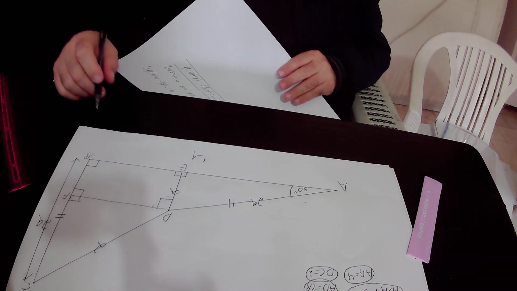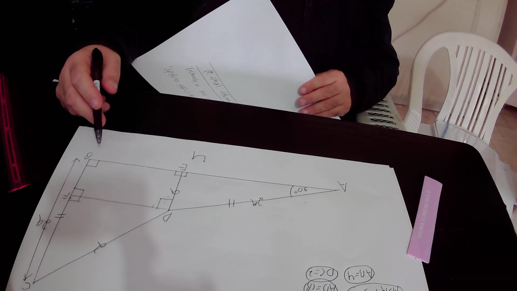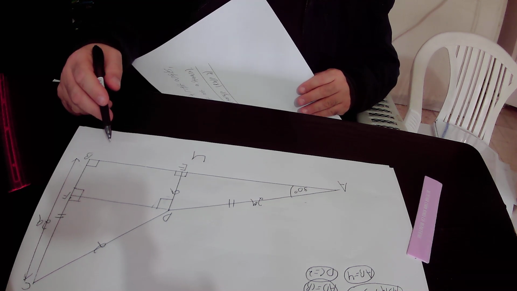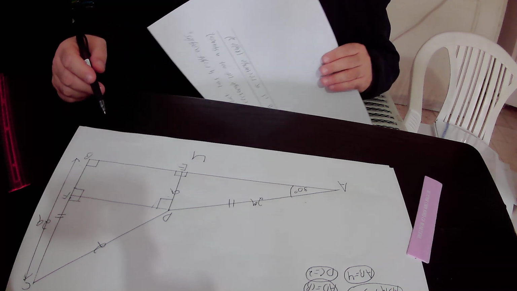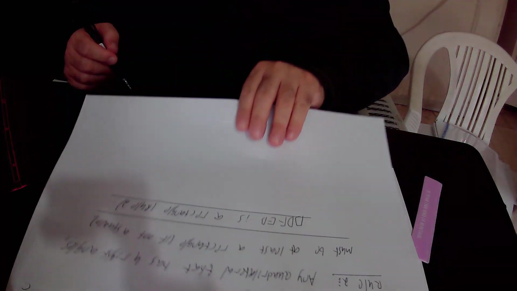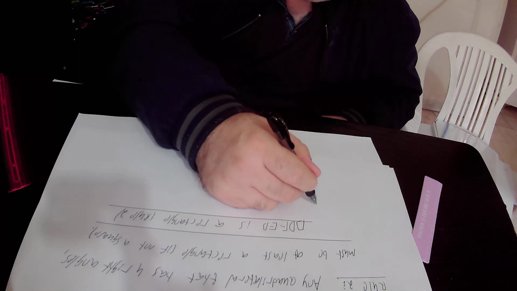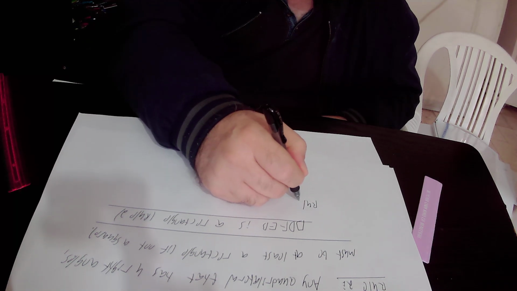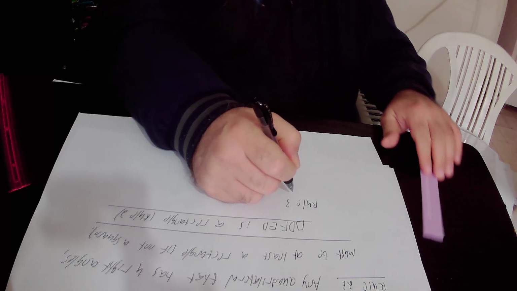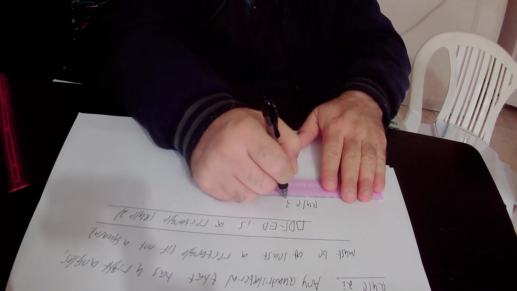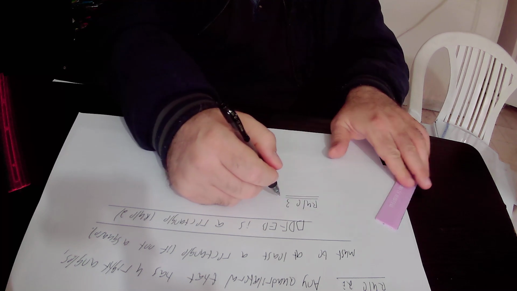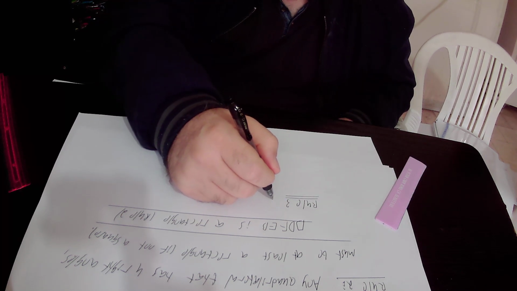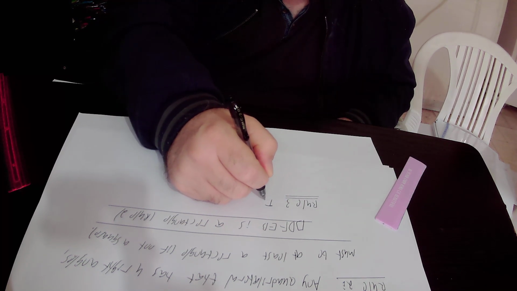So we will relate to quadrilateral DFBE as a rectangle, and we also have rule number 3. According to rule number 3, the opposite sides of a rectangle are equal to each other.